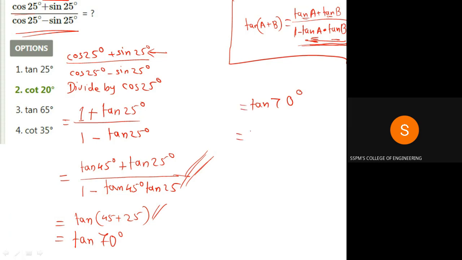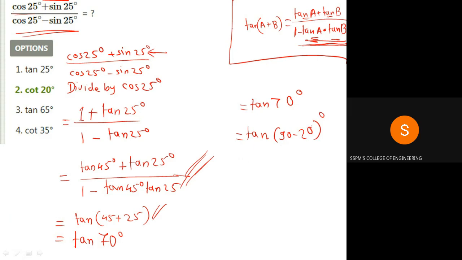So how do we proceed? Tan 70 degree is equal to tan(90 minus 20) degree. We just replace 70 by 90 minus 20.